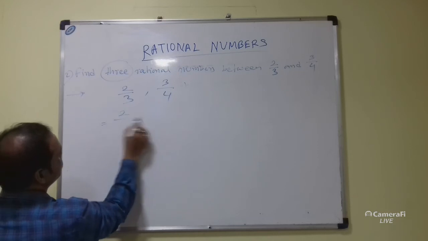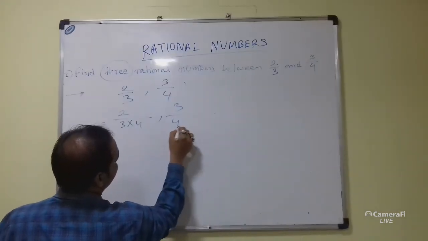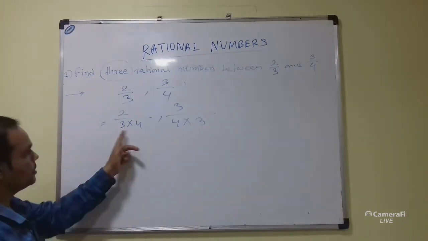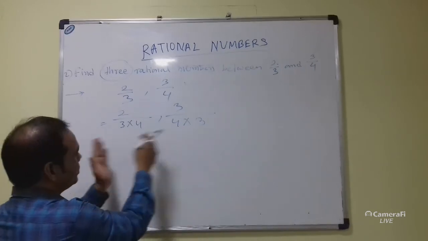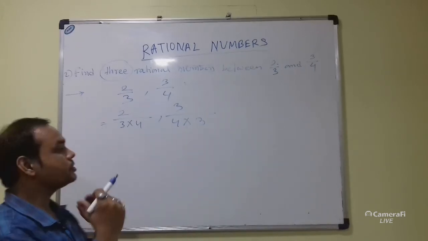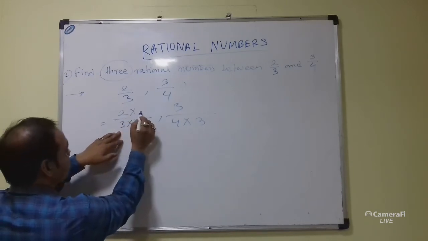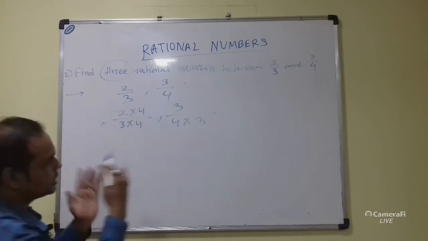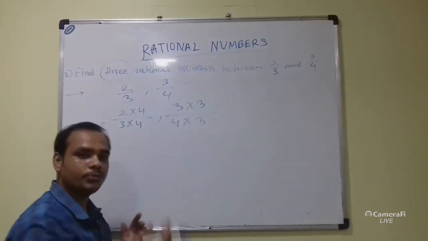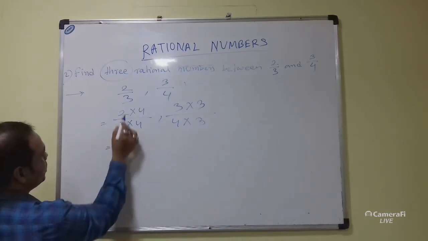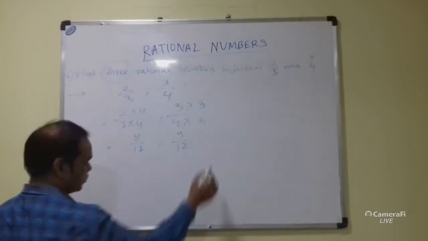So here 2 by 3 multiply 4 and 3 by 4 multiply 3. So 3 multiply 4 is 12 and 4 multiply 3 is also 12. But students, when we multiply 4 with the denominator, we also have to multiply 4 with the numerator. Similarly, if we multiply 3 with the denominator, we multiply 3 with the numerator also. So it will be 8 by 12 and 9 by 12.